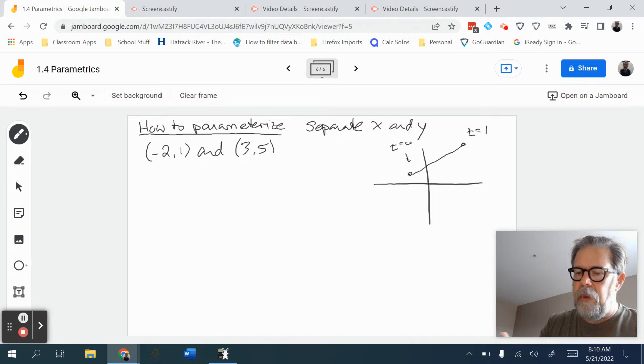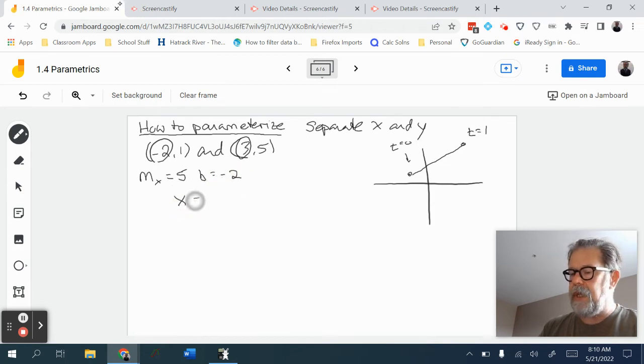Well, what we see with the x value is that it increases from -2 to 3 in 1 second, which means it has a growth rate of 5. And it started at -2, so x is equal to 5t plus -2.